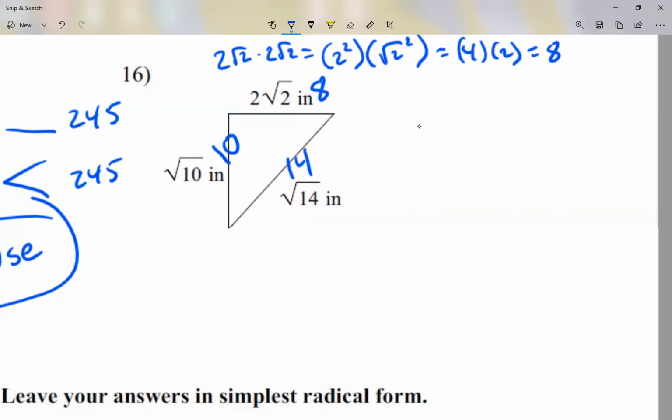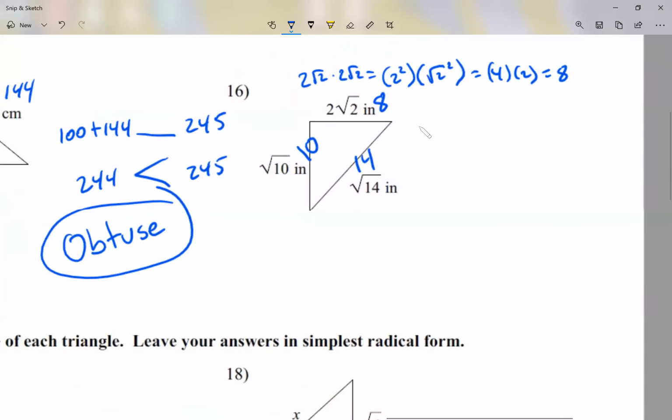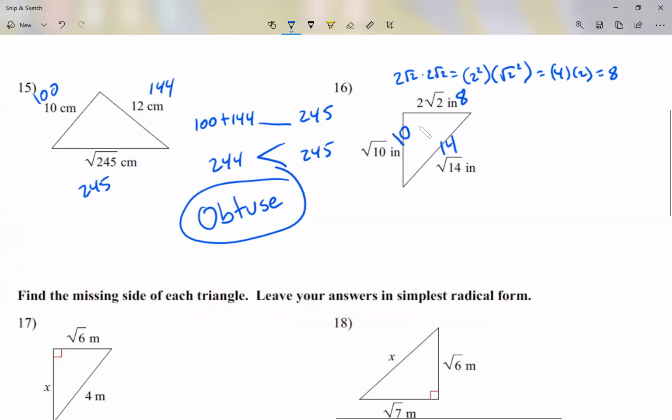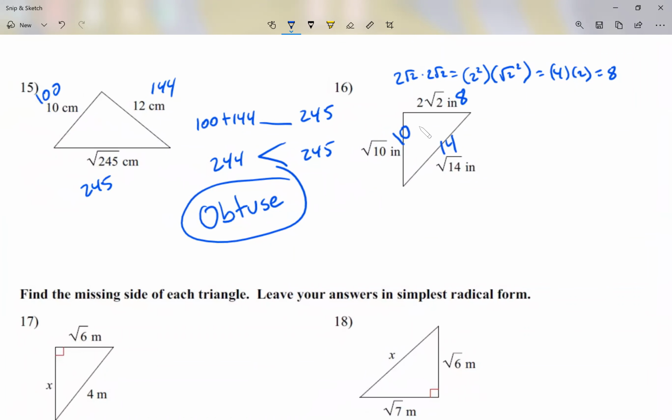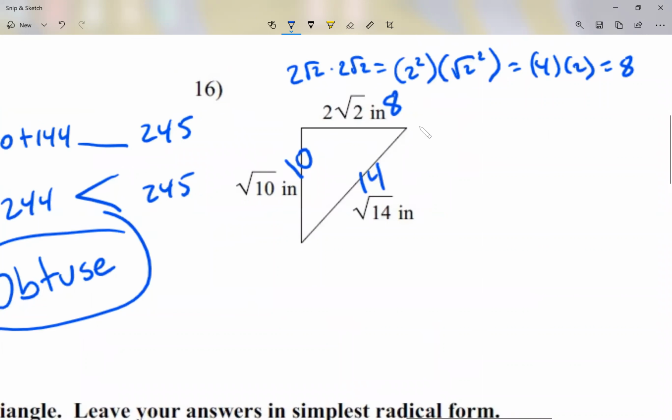When it's just a whole number, it's easy. I'm going to come back to 16. I'm not done. Looking at number 15, like 10 and 12, when it was just a square root, it was easy. You just get the number on the inside. Now, when it is a mixture of a whole number and a square root, you have to square each of them.